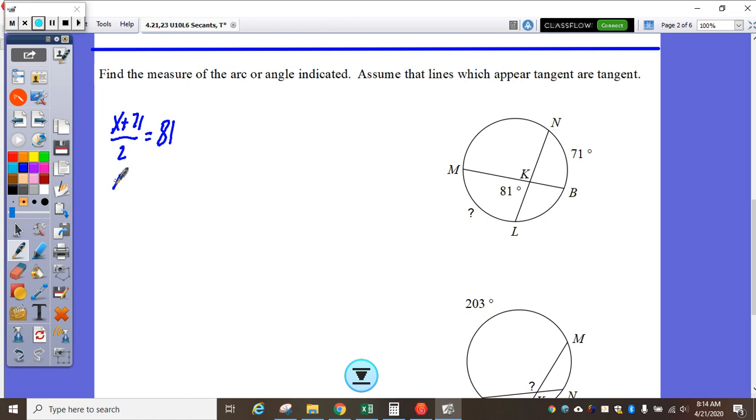So therefore we have x plus 71 equals 162, and 162 minus 71 is going to give me an arc measure of 91 degrees.